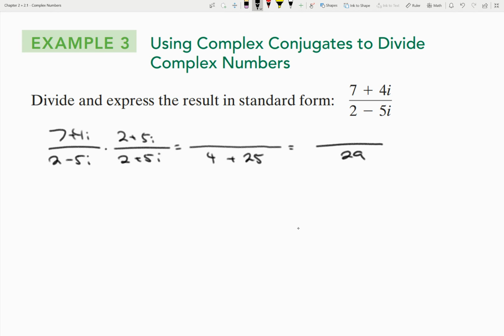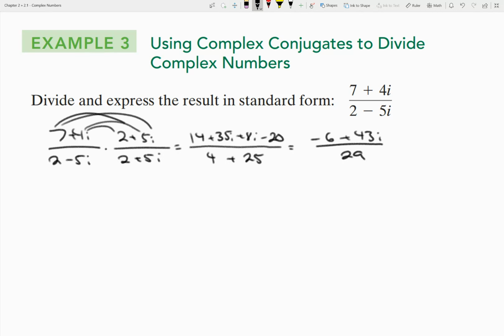All right, we're going to have to FOIL the top out here. So that's going to be a 14 plus 35i plus 8i. And then the last one is going to be 20i squared, which is a negative 20. Okay. 14 minus 20 turns me into negative 6. 35 and 8 is a positive 43i.